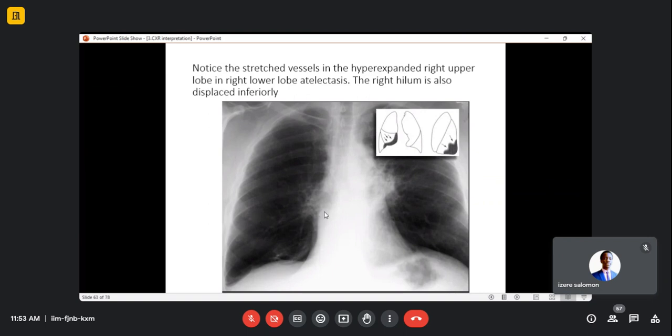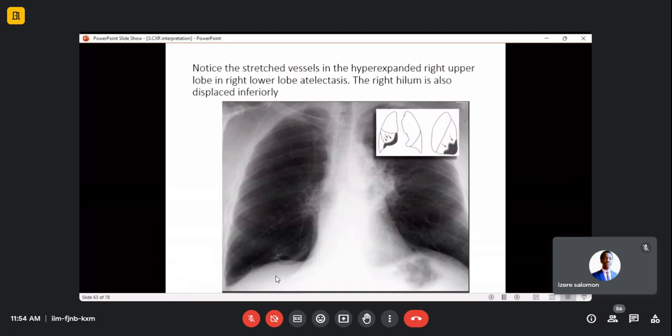And by adding this, you say this is most likely right lower lobe collapse, because of this shape, this well-defined linear opacity superimposed with the base of the heart. This is how the right lower lobe collapses.